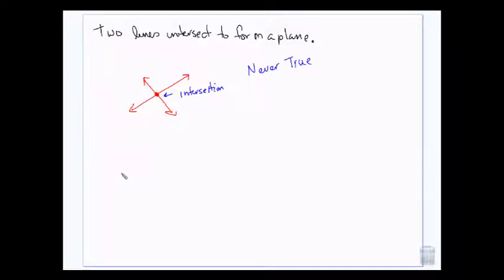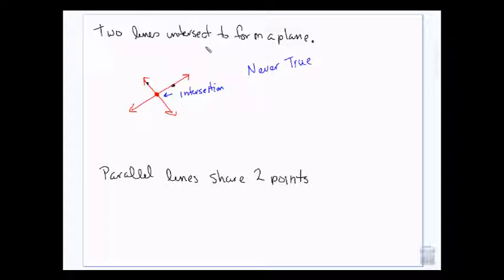Something else, like we could say that. What if this line had like 2 other points? Well, there could be points on the 2 lines that then could define a plane, but I said they intersect to form a plane.